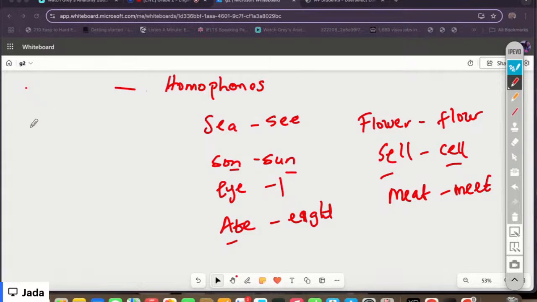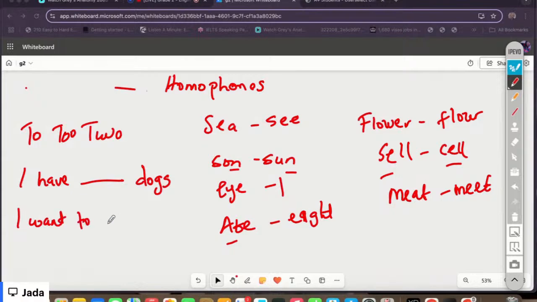So our examples are from two, two, and two. Okay, so for example, you have: I have dash dogs. Then you have: I want to see her dash. What do you think?